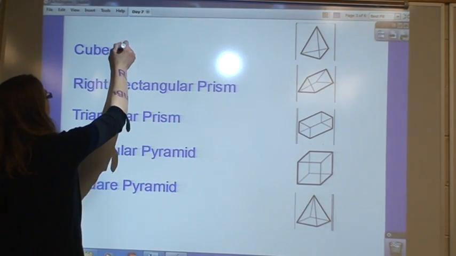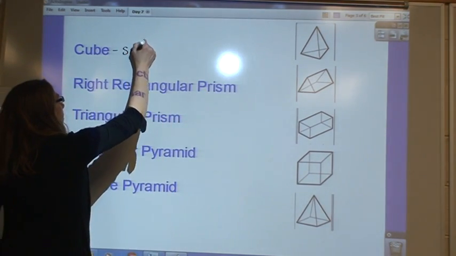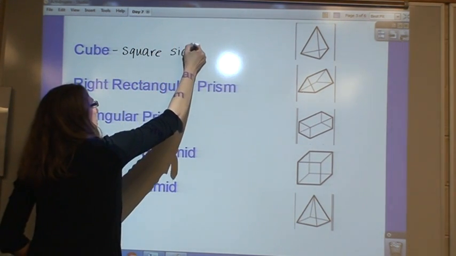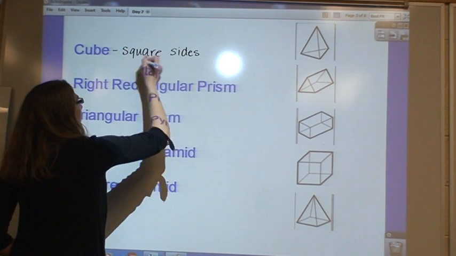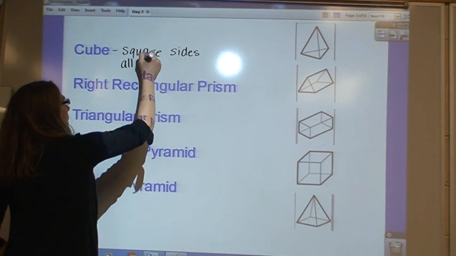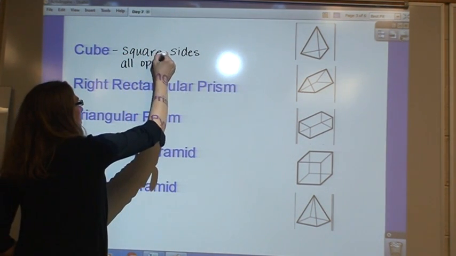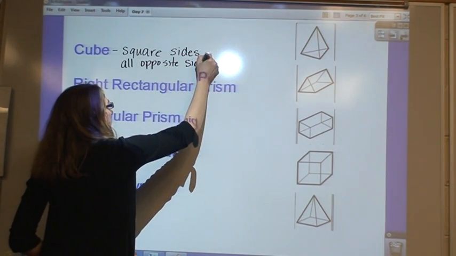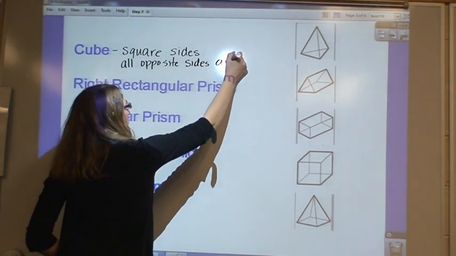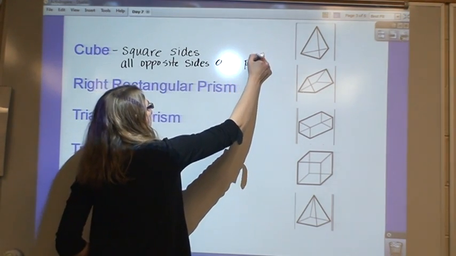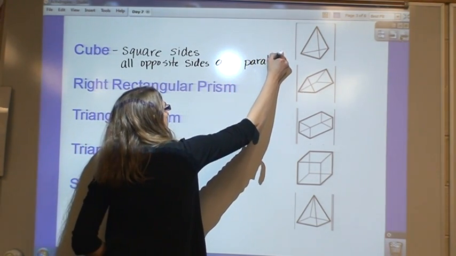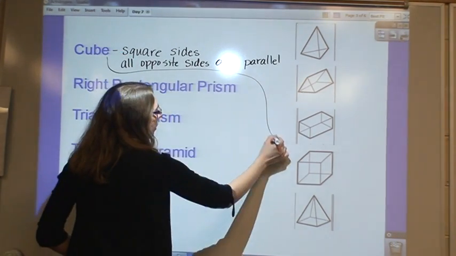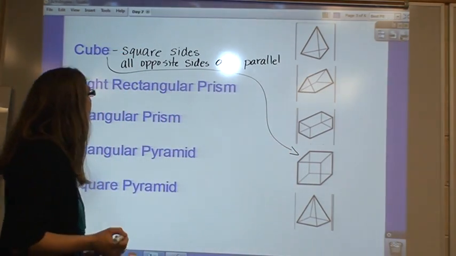So I'm going to say square sides and all opposite sides are parallel. So a cube is this shape right here.